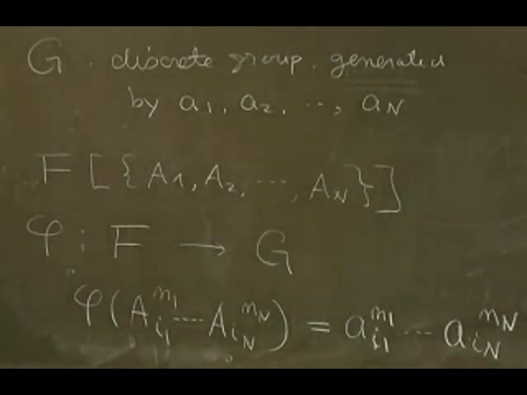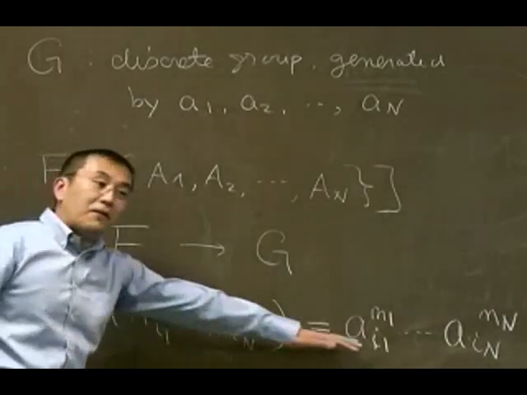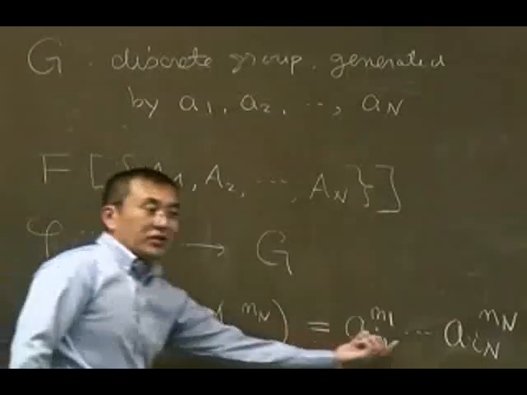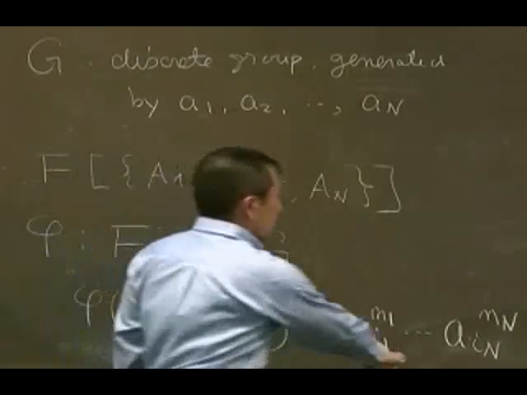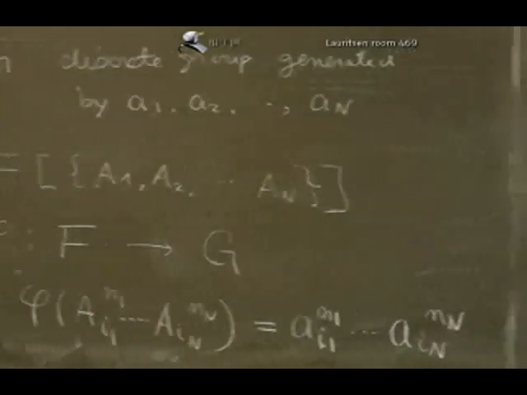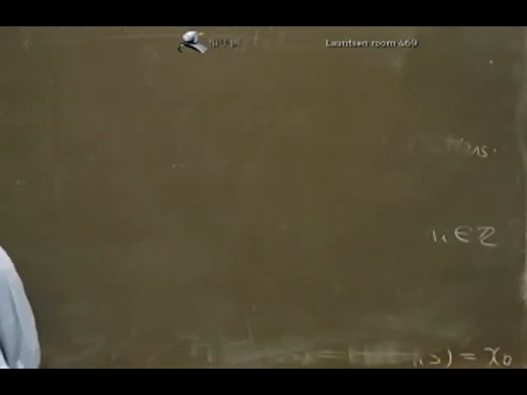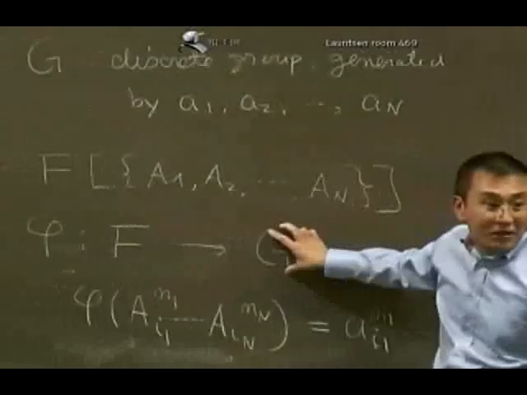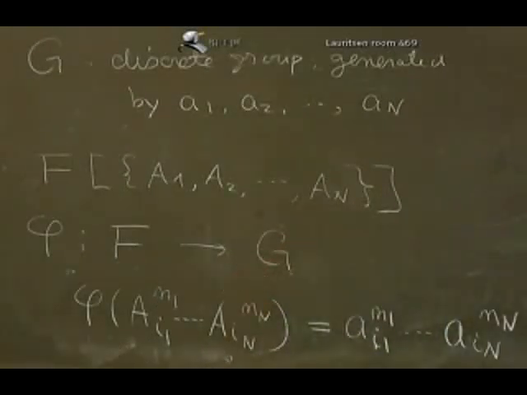You see that this defines a homomorphism. If this is a product, it's a product right here. But the problem is that this is clearly onto, the entire F gets mapped to the entire G, so it is surjective, but it may not be injective, that is, it may not be one-to-one.